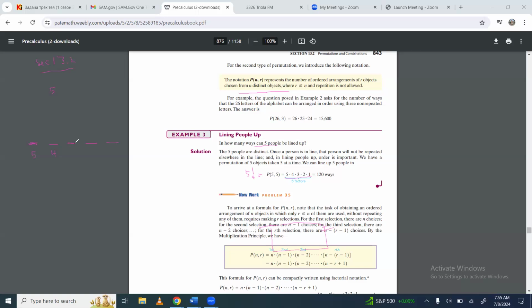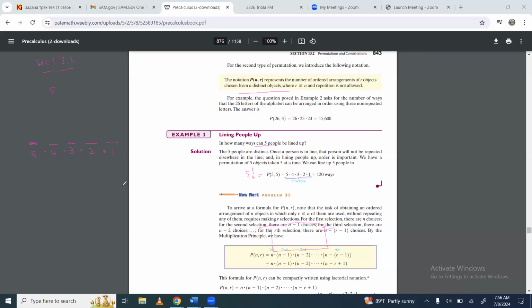So you put the second person in line, and then the third position. Well, 2 are gone, so you have only 3 to choose from, right? And you select another one, so you are left with only 2 people. So there'll be only 2 choices for the next position. And finally, only 1 person just fills the last spot. So no selection, you just put the last person in automatically. So it's 5 times 4 times 3 times 2 times 1.